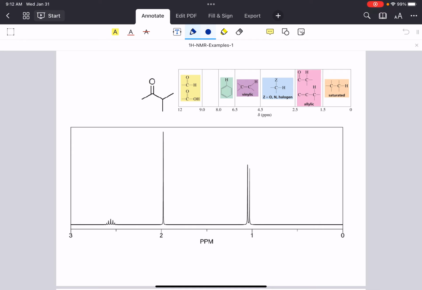So if we start with the compound over here on the left, this ketone, the first tactic you would want to do is try to understand how many signals you would expect out of the proton NMR for this compound.